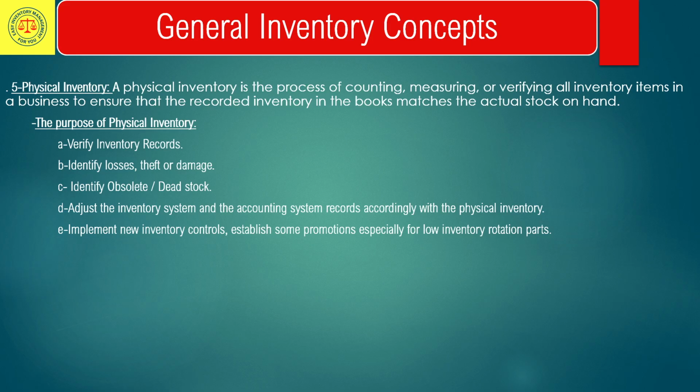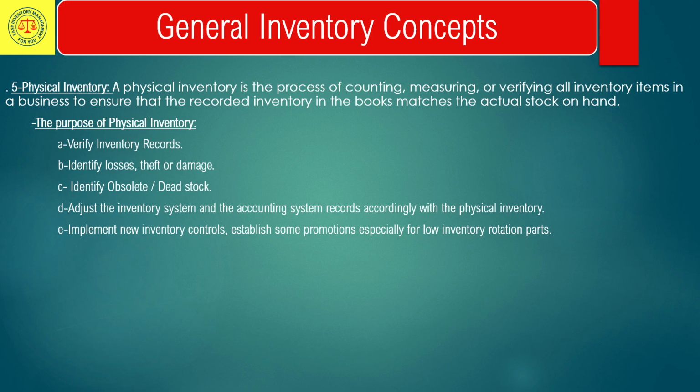If you have the physical inventory, all these things are going to help you to manage the inventory efficiently, right? So you can avoid creating obsolete inventory or dead stock. You can find out the ways that the inventory is missing or damaged.